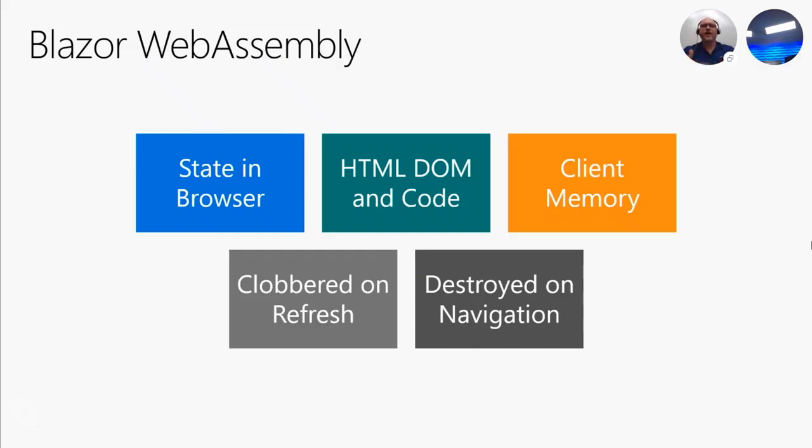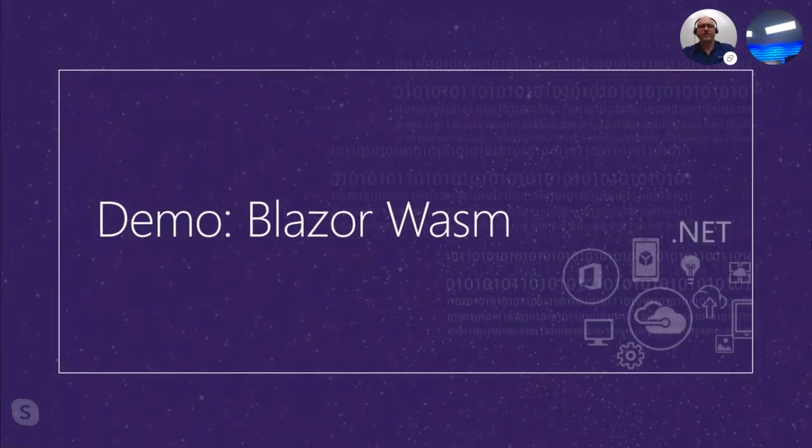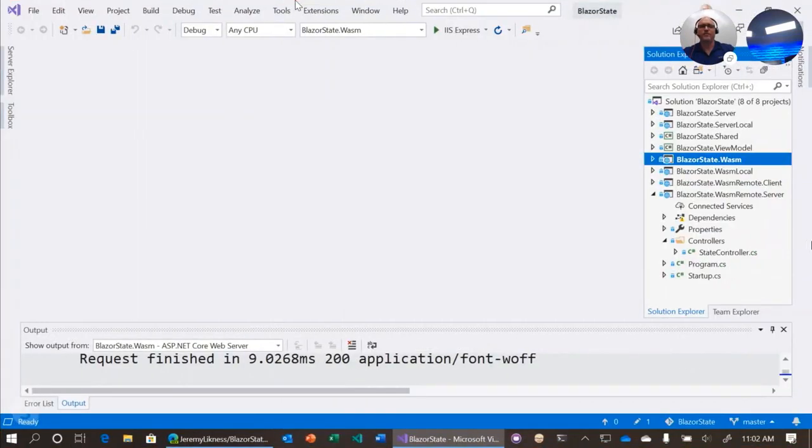That's the HTML, DOM, and code. Unfortunately, because it's inside the browser's memory, if you force a refresh on the page, or if you navigate away from that page, that's going to destroy that state and remove it from memory. So I want to give you a quick example of what that looks like, and then we'll go on to the other flavor of Blazor.